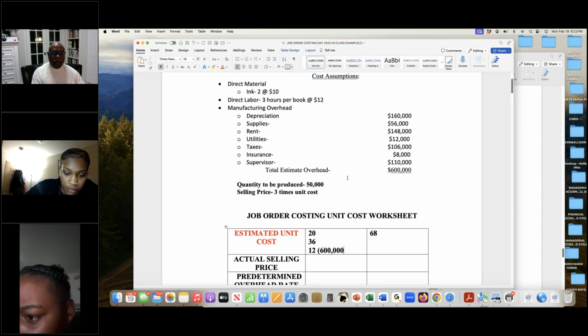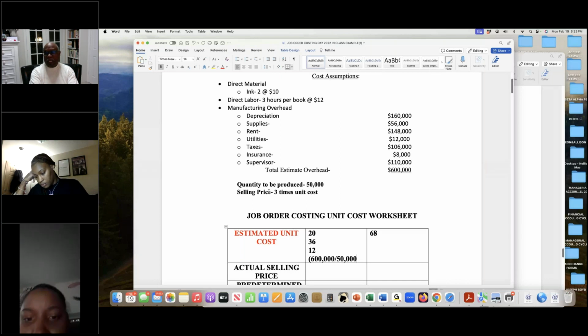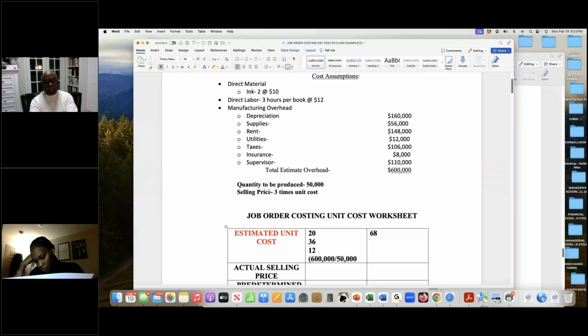We divide it by the quantity to be produced, 50,000. And that's how we got 12. Are there any questions on any of those three numbers now? Can everybody calculate those three numbers now?